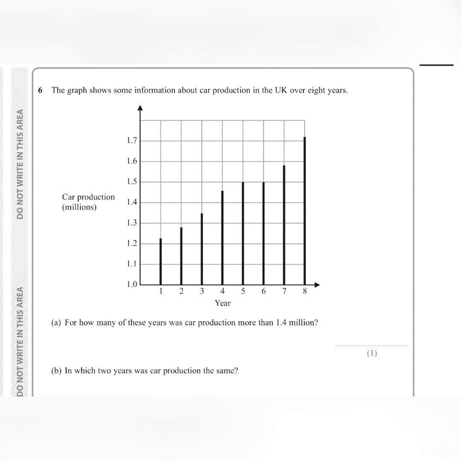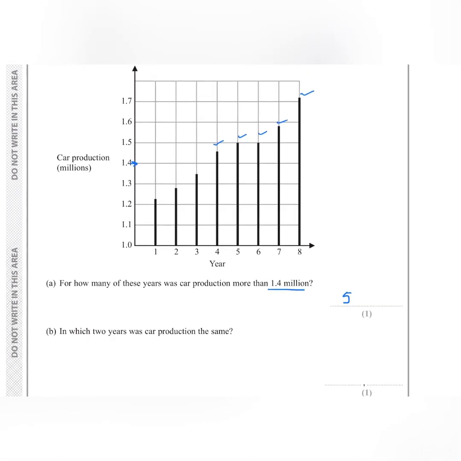And it says for how many of these years was car production more than 1.4 million? So if you look at 1.4, there is 1, 2, 3, 4, and 5. There are 5 years where the car production was more than 1.4.